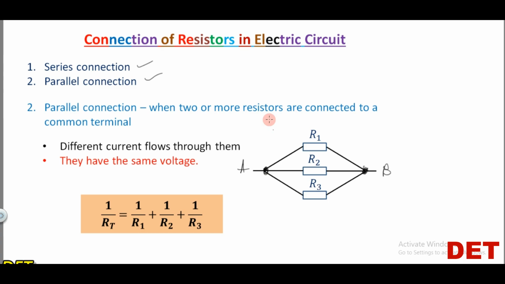In series connection, the resistors are connected end to end. Here in parallel connection, they are connected to a common terminal. It's very important that you know that different current flows through them.